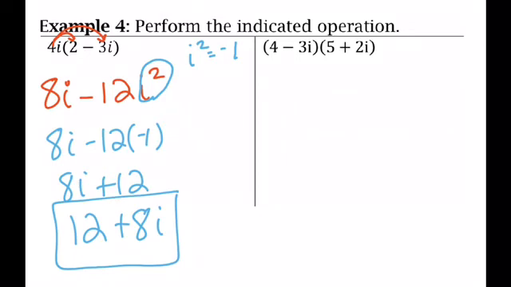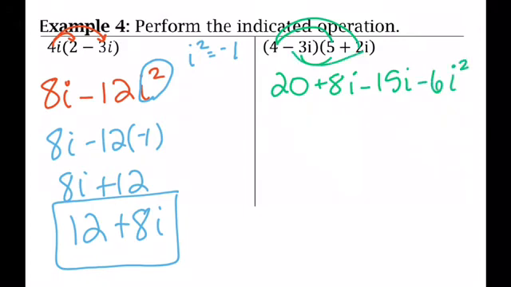Okay, now the next one, distributing, we're going to have a binomial times a binomial. So again, the 4 times the 5, the 4 times the 2i, the negative 3i times 5, and the negative 3i times positive 2i. So when you start to go to combining like terms, you've only got the 20 as your real number part so far.